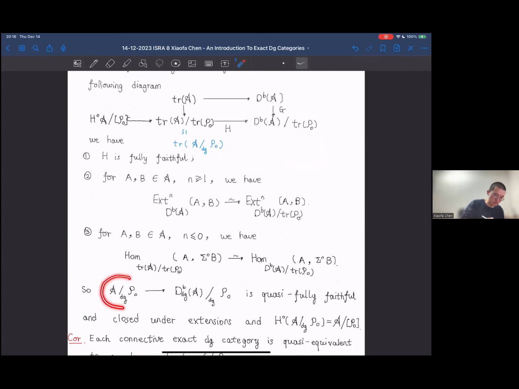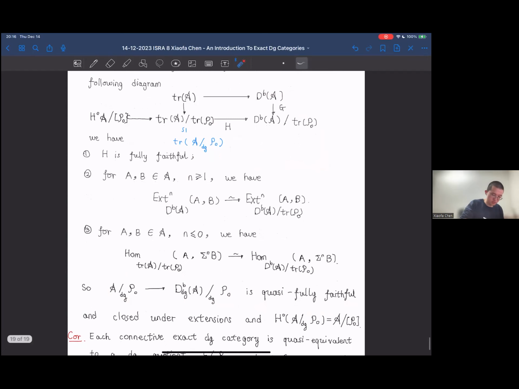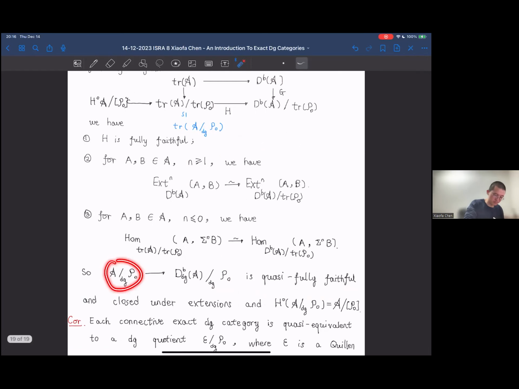So in particular, it inherits a canonical exact structure, and its H0 is the ideal quotient here.